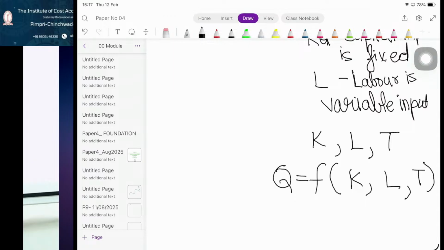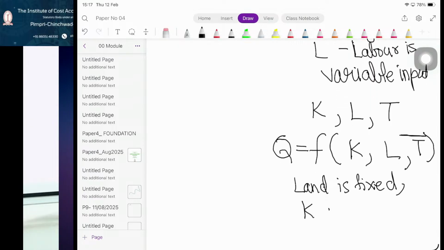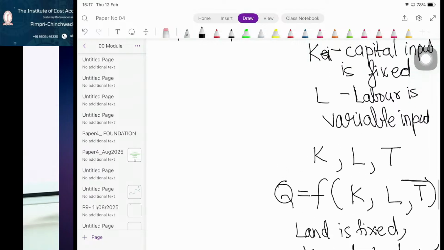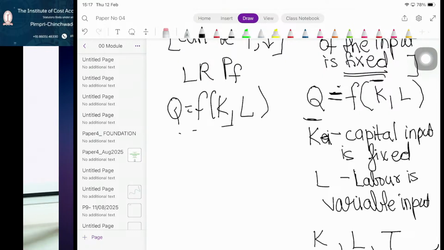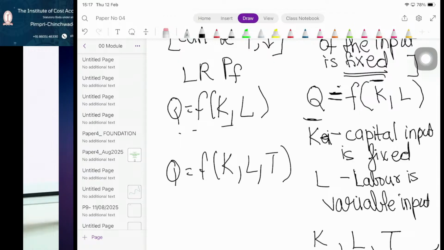Correct. And the meaning you have to write and explain that. What does it mean? Suppose I draw a horizontal line over T, it means land is fixed. And what are the variable factors? Capital and labor. Okay, and think the other way around. If this is Q is equal to F of K, L and T with no markers above these aggregates K, L and T, what does it mean?